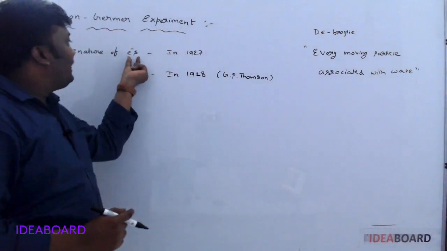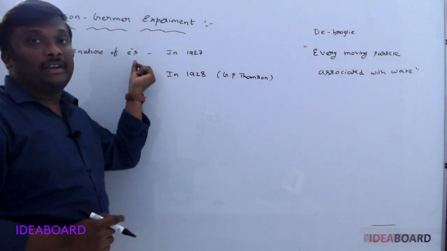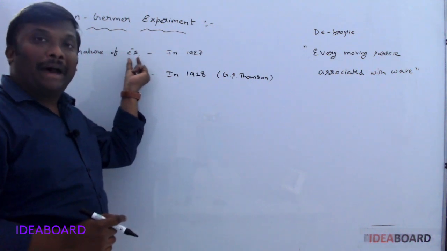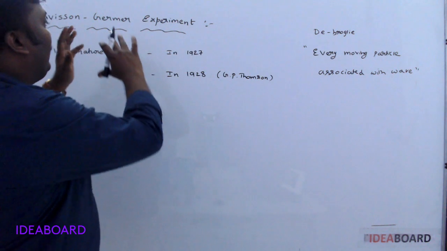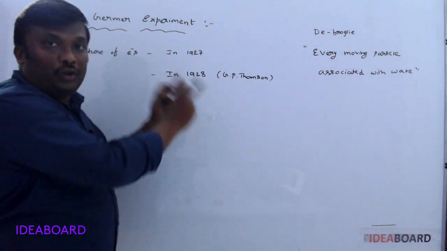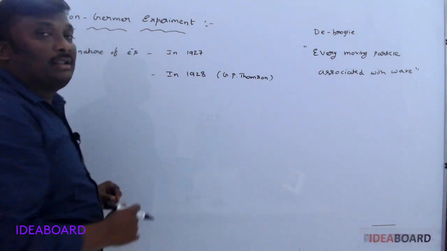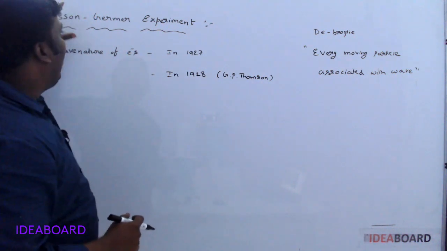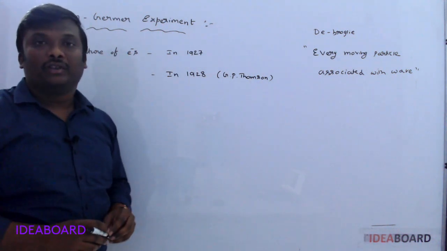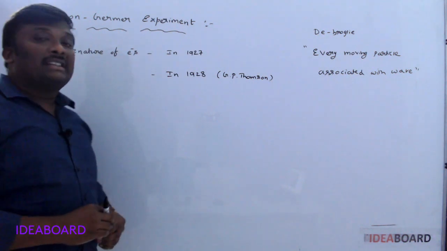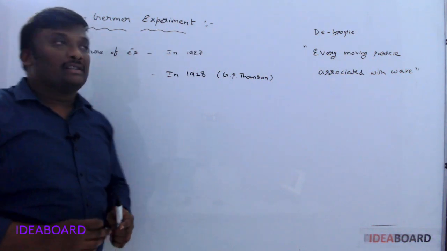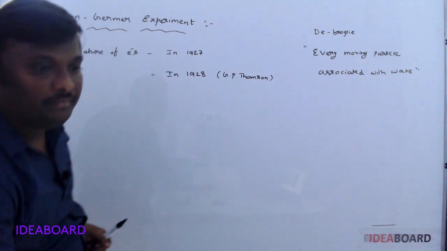Now, electron has mass, which indicates it has particle nature, but practically, this electron in motion has wave nature, as found by Davison and Germer. The experimental setup for the Davison and Germer experiment is shown in the figure.